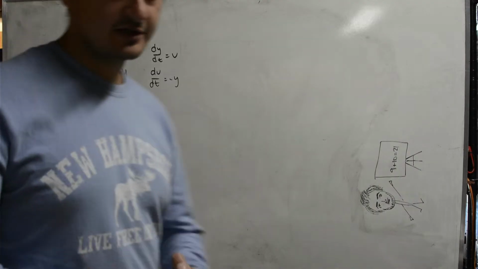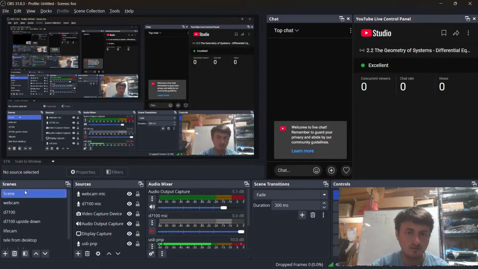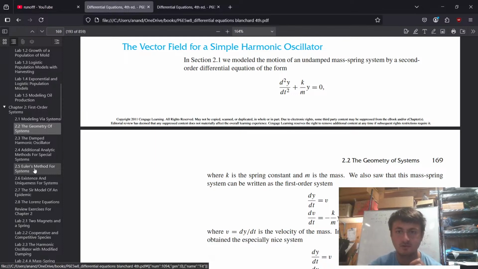I mean, you can just recognize that the second derivative, that y double prime is equal to minus y, is an oscillatory function, but how do you really solve it?